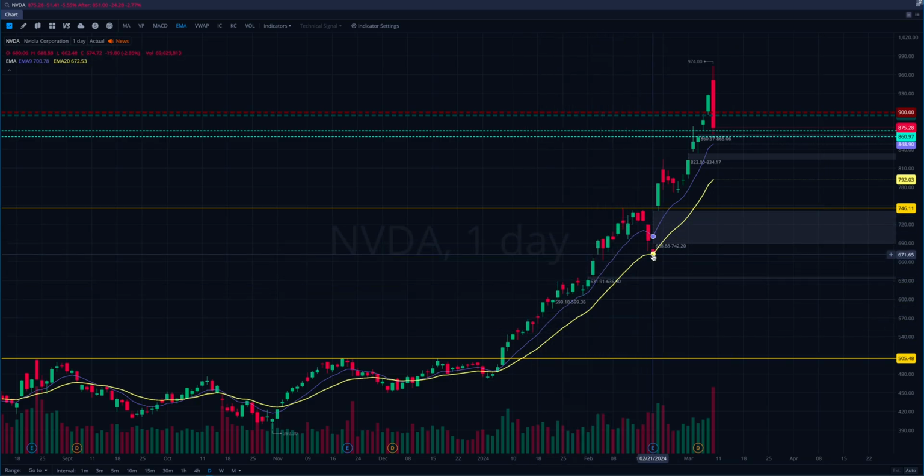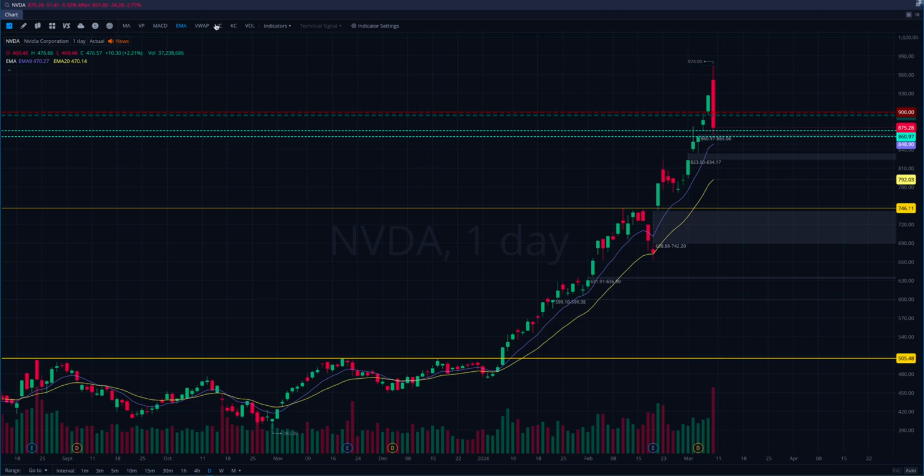But even with Nvidia, with earnings we get a big gap, another gap, and we're getting pretty extended. And when we popped up here Friday at 974, that put Nvidia up 100% just this year. That's quite a lot for a stock this size to make that type of move.